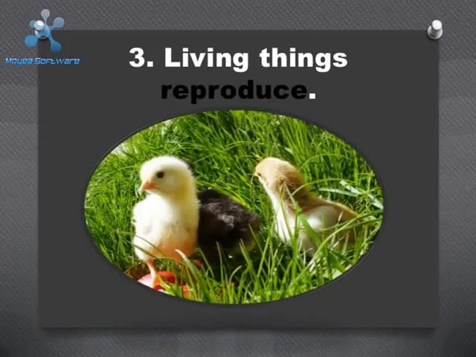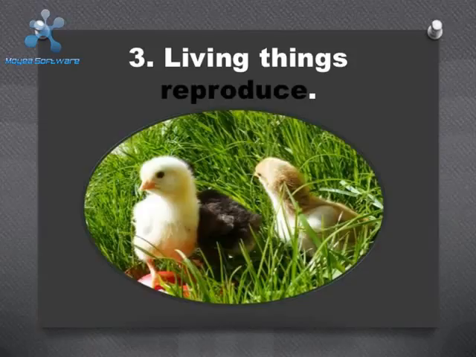The next characteristic of living beings is reproduction. What do you mean by reproduction? Reproducing is the process of giving birth. Yes, all the living beings give birth to their young ones, to their babies. Humans, plants, animals, they all reproduce.